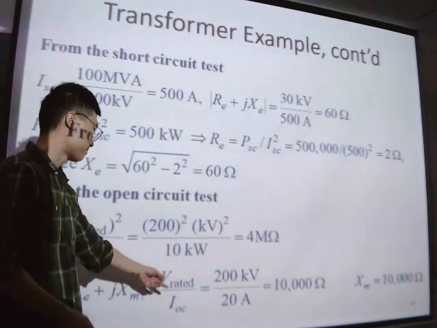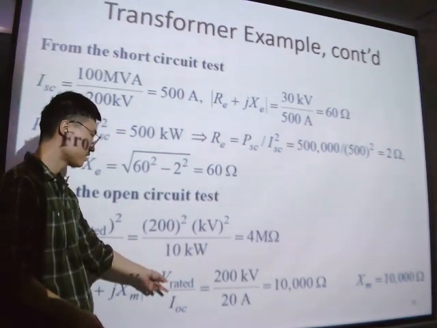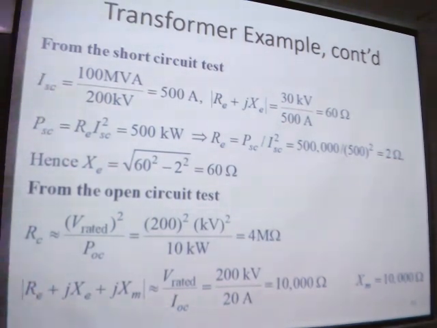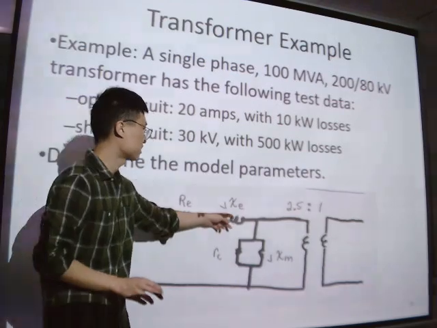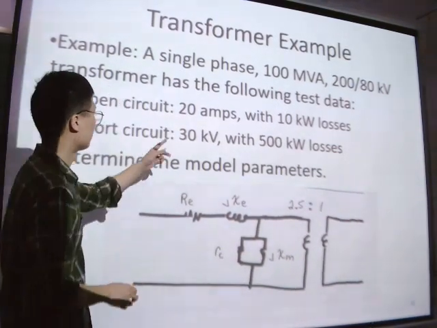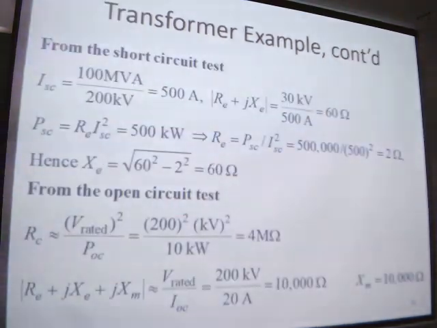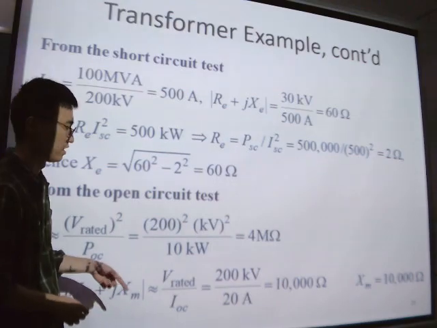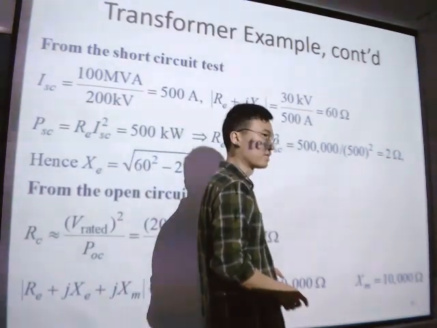That is the rated voltage divided by the current. So the current like this is 20, so the sum of these 3 is 10,000 ohm.